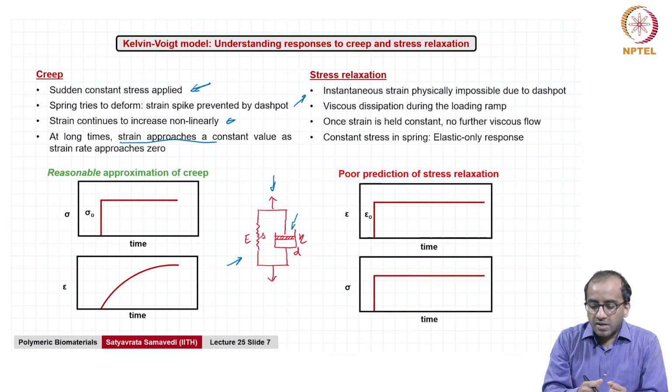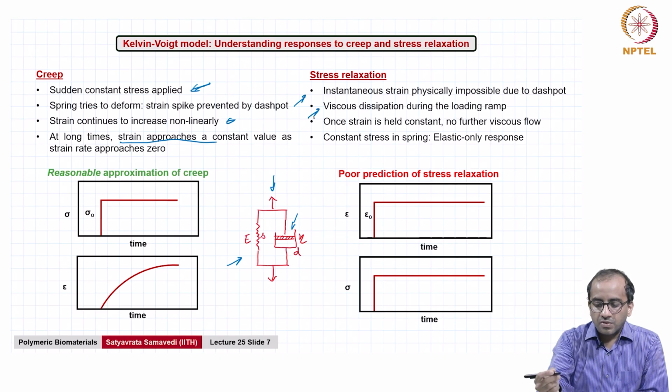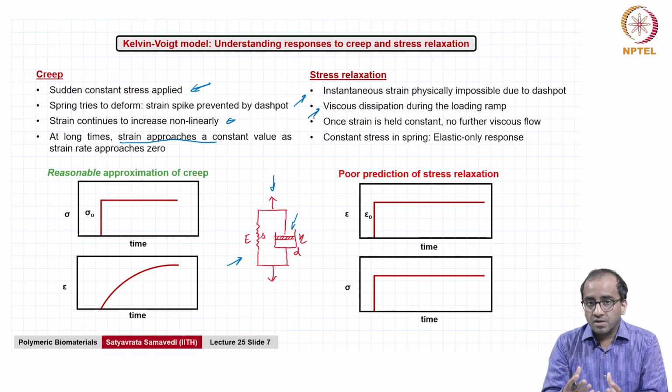And any instantaneous strain that you can possibly apply, that viscous dissipation is going to occur during that loading ramp, right. And thereafter, once you hold the strain constant, right, the viscous element is not going to respond. It's essentially there is going to be no viscous flow thereafter once the strain is held constant.